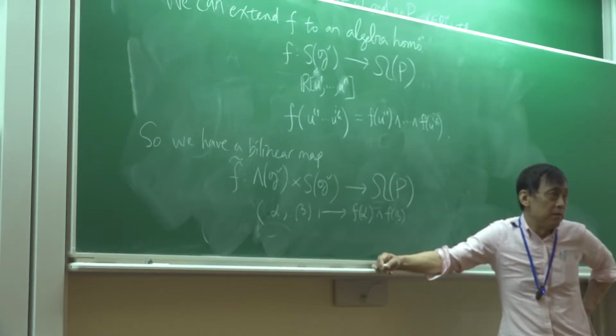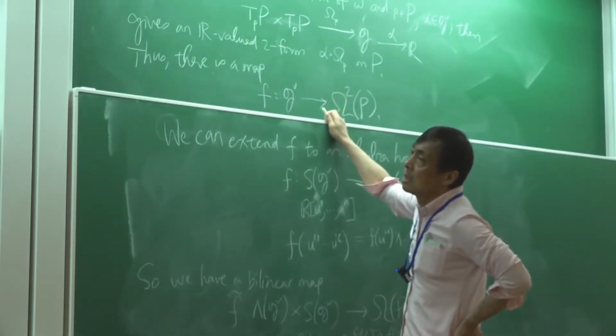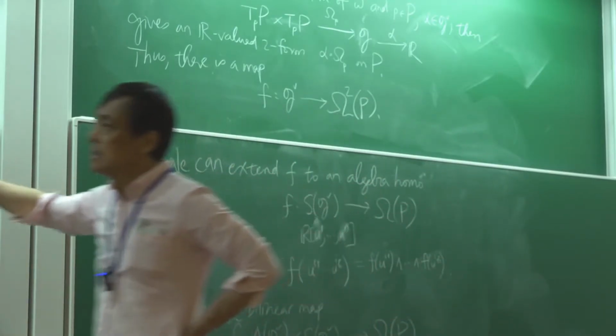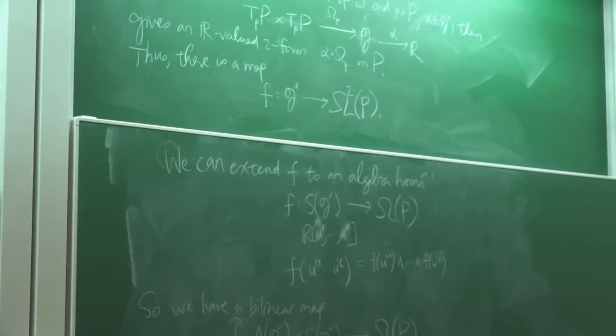And because it's bilinear, it gives you a linear map from the tensor product to differential forms.